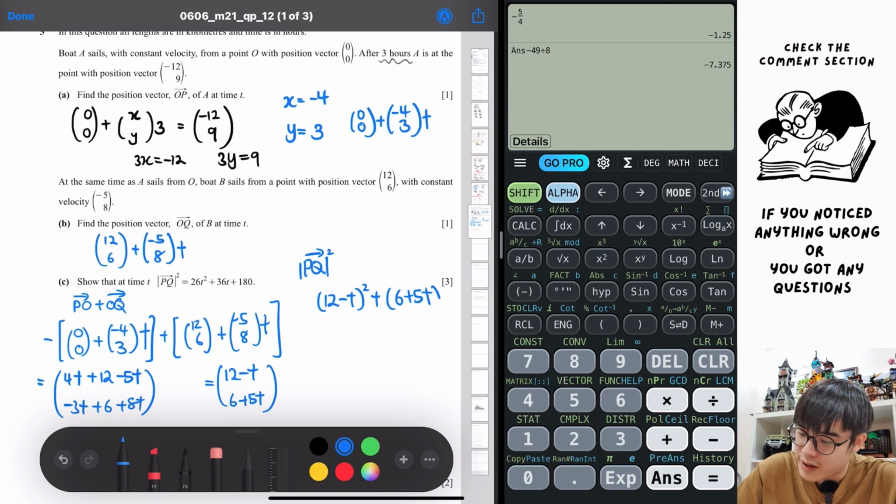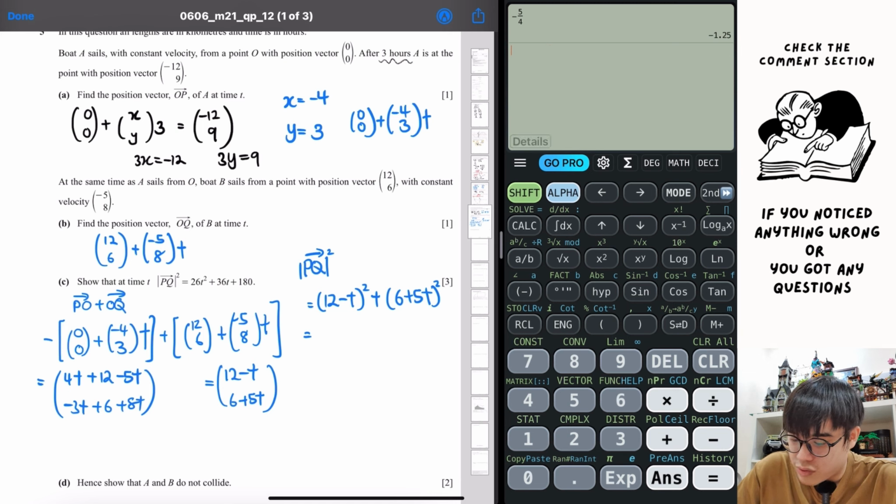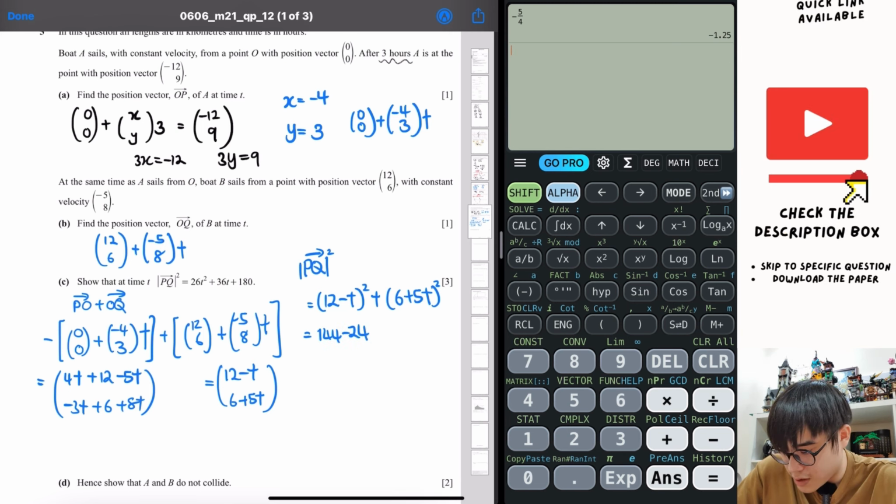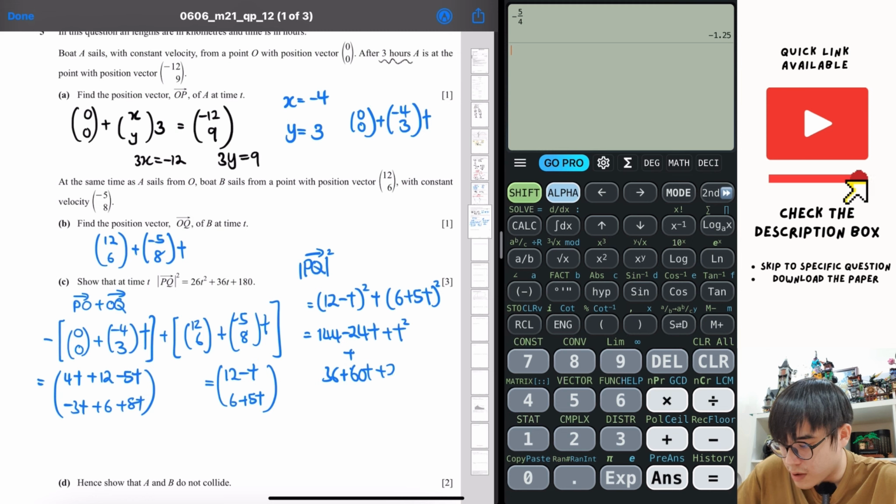Let's verify it. So 12 minus t times 12 minus t should be 144 minus 24t plus t squared, adding up with 36 plus 60t plus 25t squared. So the answer is 26t squared in total, and then plus 36t plus 180.